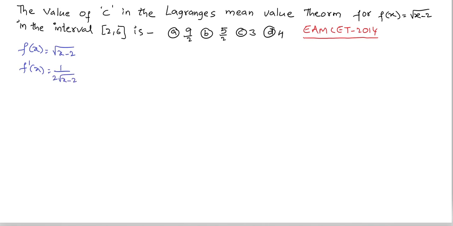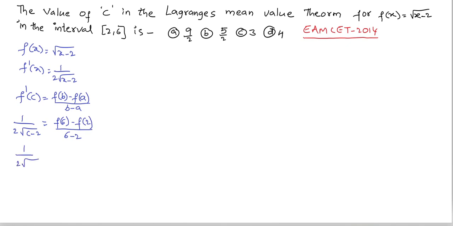We know that by Lagrange's mean value theorem there exists a c belonging to (2, 6) such that f dash c is equal to f of b minus f of a by b minus a. So f dash c, that is 1 by 2 root c minus 2, is equal to f of 6 minus f of 2 by 6 minus 2.